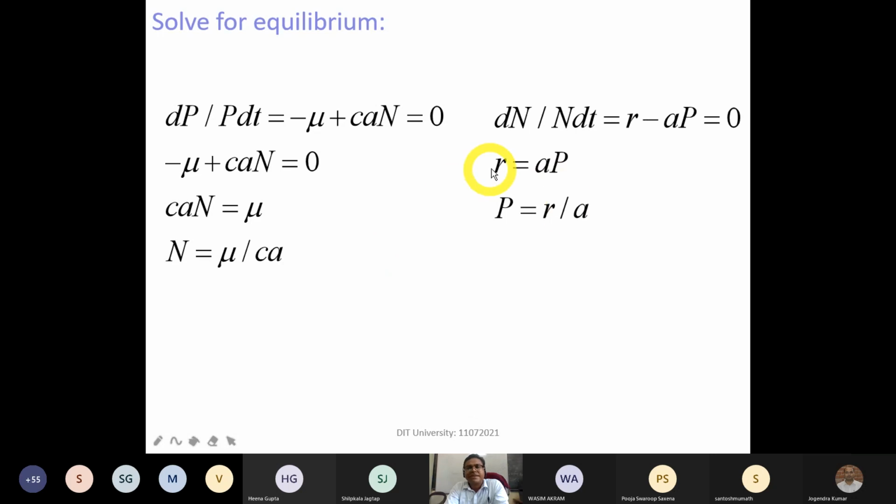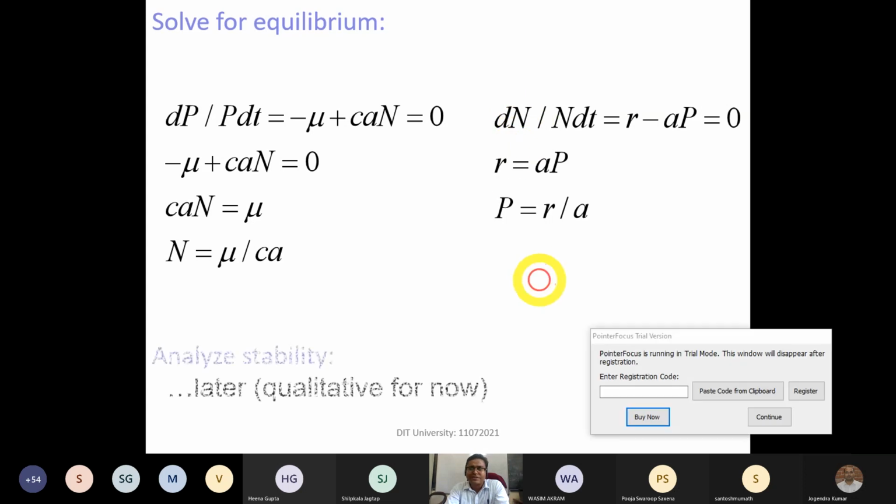Similarly, the predator population is R by A. So whenever N equals mu by Ca, the predator does not grow or decay. Similarly, when P equals R by A, at that line the prey population does not decay or grow, right?